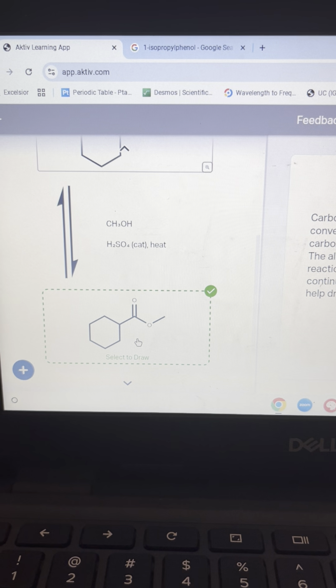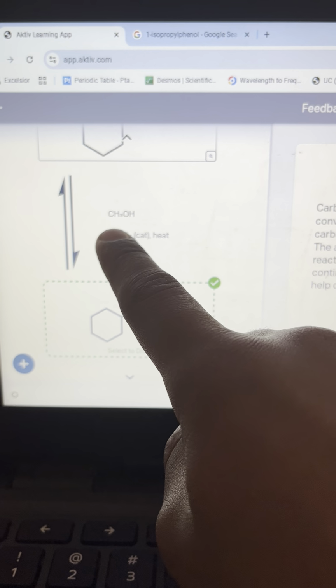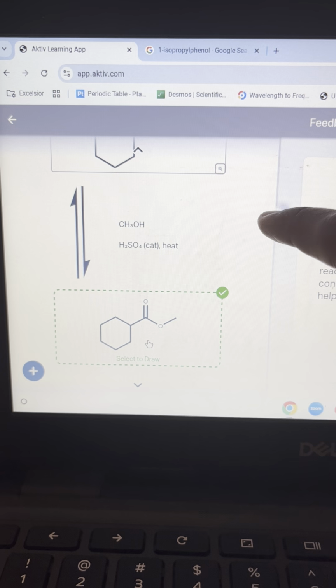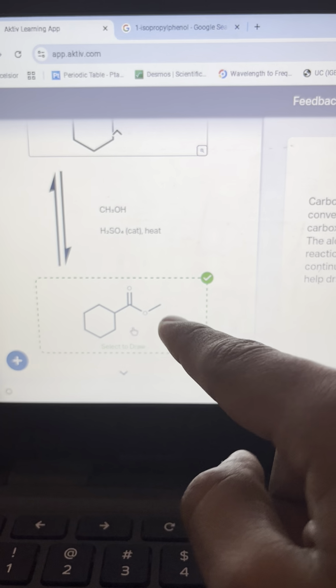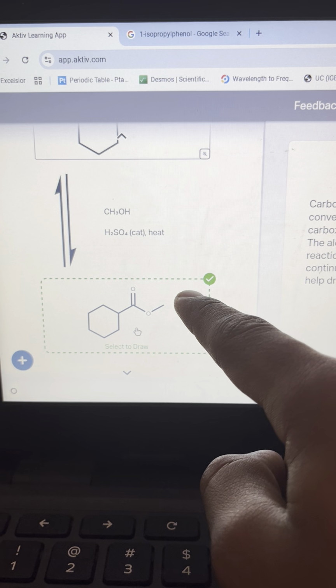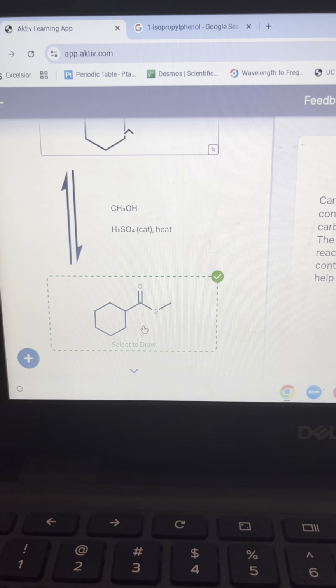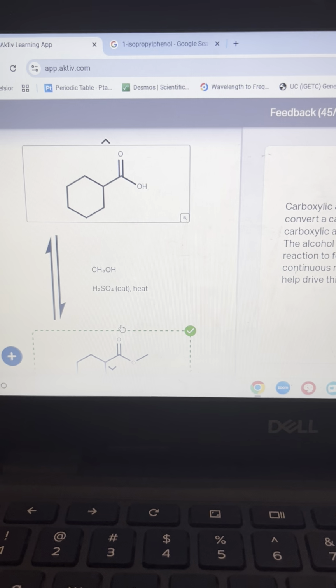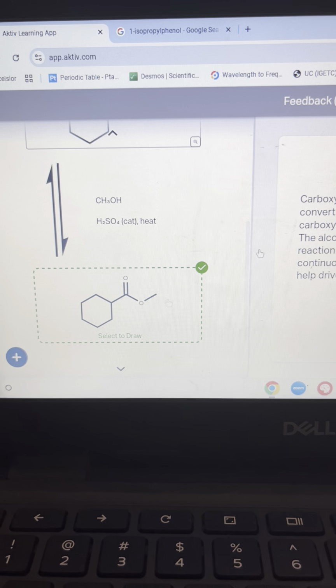So what that looks like is this. This carbon right here, it's just one carbon, so it's going to be one line. It's going to replace the hydrogen, and then you're going to add the next line just like that. So if you ever see a carboxylic acid and an alcohol being added, think of esterification.